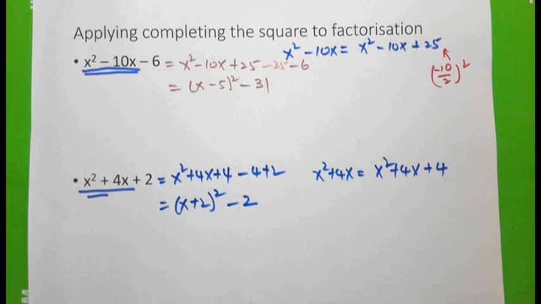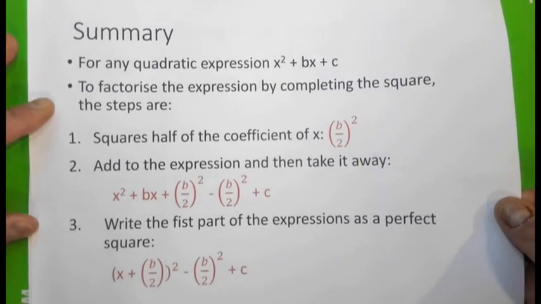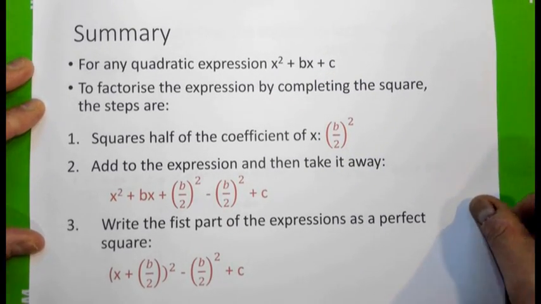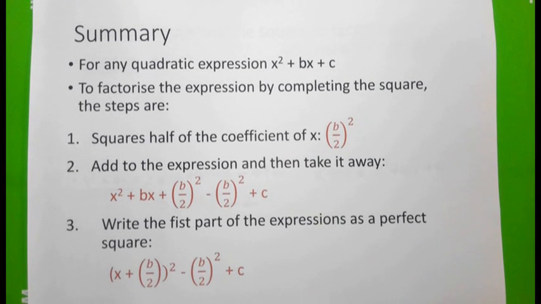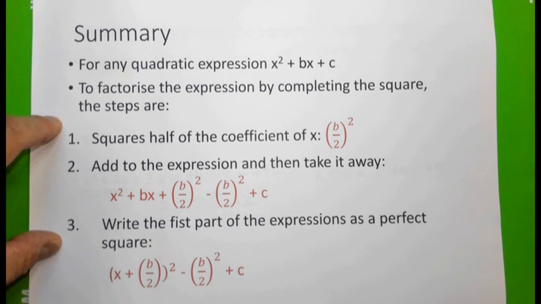This actually is a very, very powerful tool for factorization, because you will really need to know how to do this for solving some quadratic equations as well as sketching the graph. Now, the summary, this is very important. For any quadratic expression, x squared plus bx plus c, to factorize the expression by completing the square, you need to know these steps.